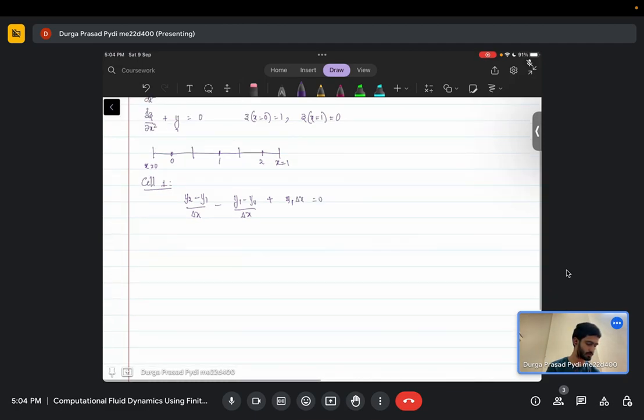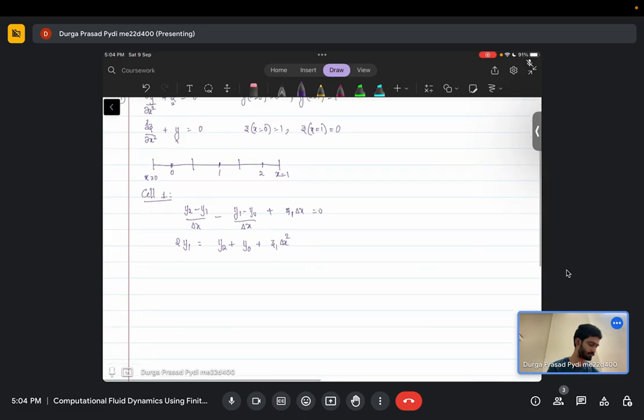So this gives us the delta x square term. This is for the y equation, and similarly we have a z equation.